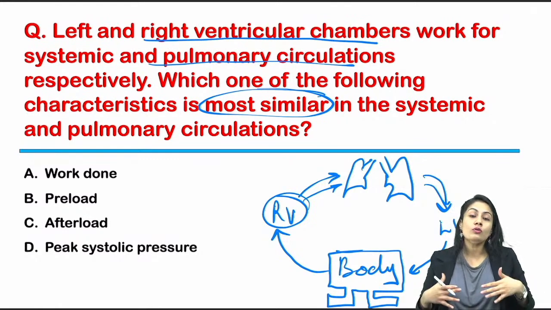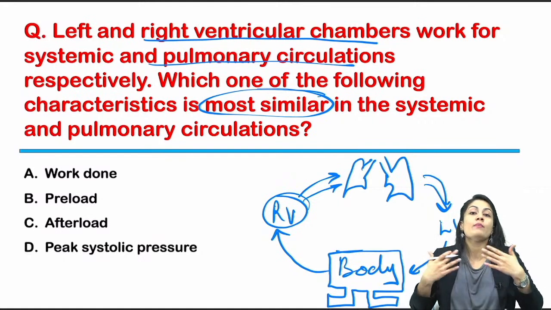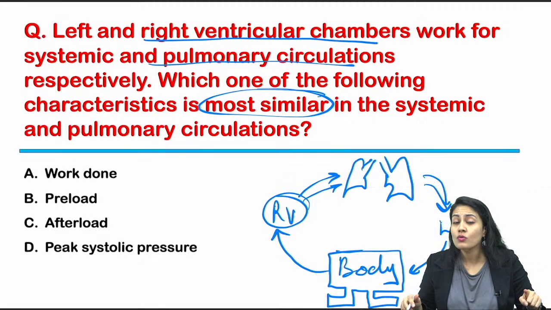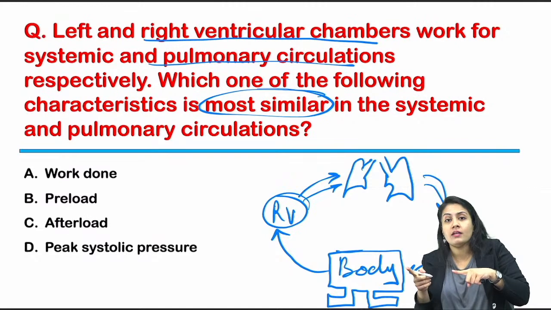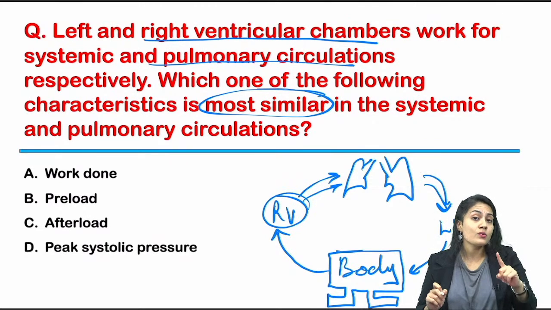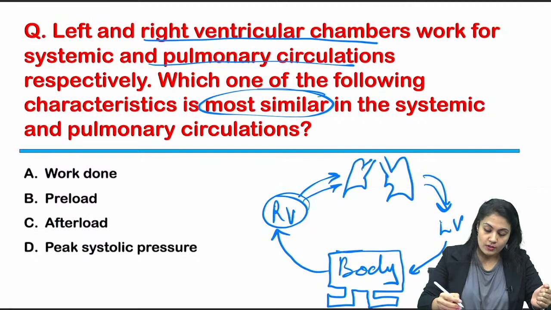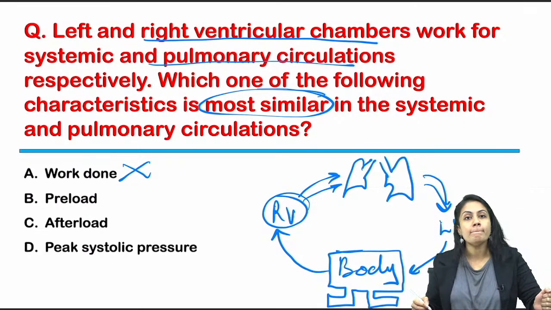So it has to put in more effort and apply more force. That means the work done by the left ventricle is going to be much more, and that's why the thickness of the left ventricle is 3 times more as compared to the right ventricle. So the work done cannot be similar.